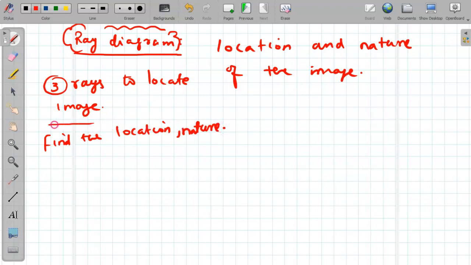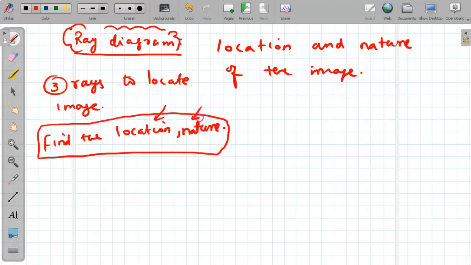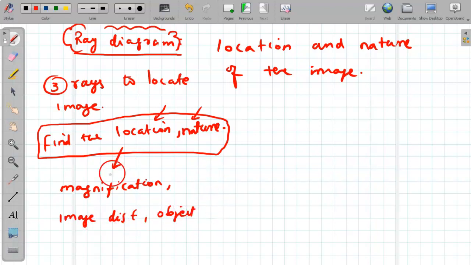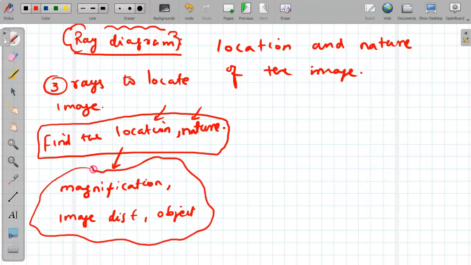After drawing this ray diagram, we will know where the image is located and what the nature of the image is. Then there are some other questions, like find the magnification, find the image distance, find the object distance. So there are many other questions after drawing the ray diagram. So the first important thing is to draw the ray diagram, to locate the image and find its nature.